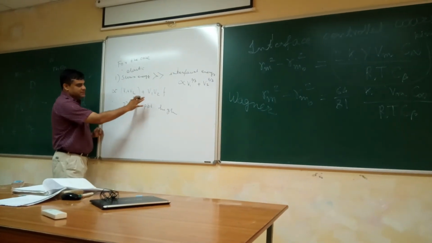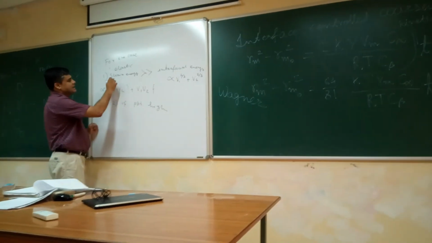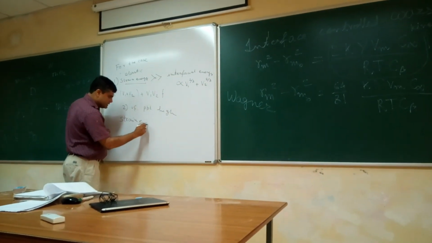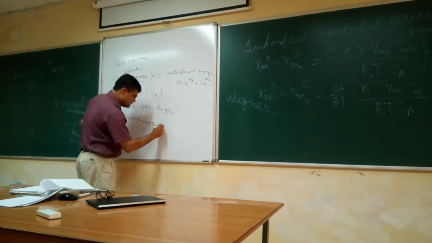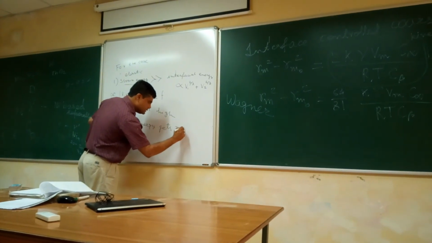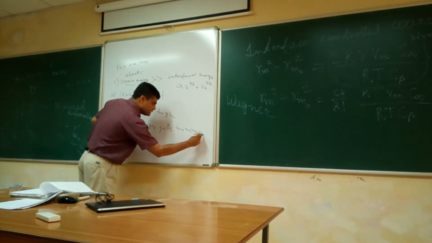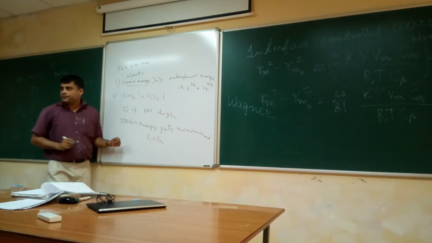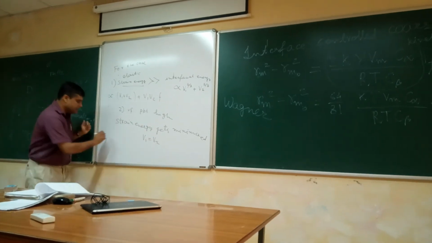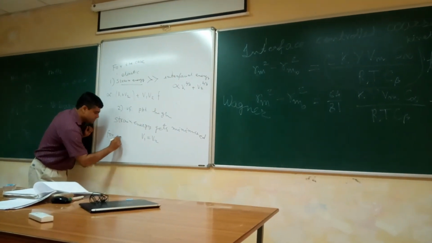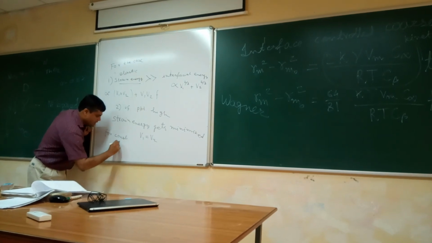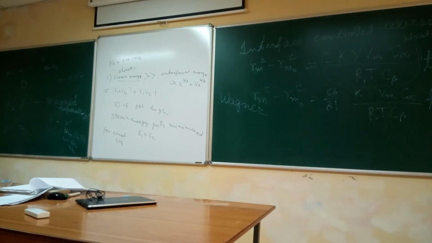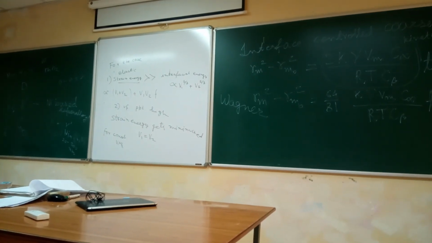Say if there are two precipitates, then the strain energy gets minimized when V1 equals V2, for constant V1 plus V2. Constant V1 plus V2 means your volume fraction of precipitates is not changing.